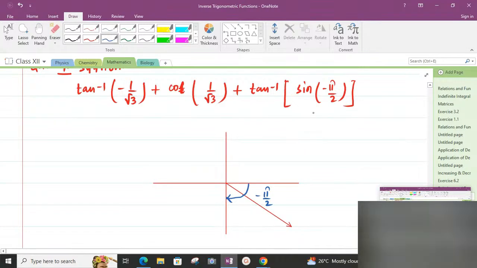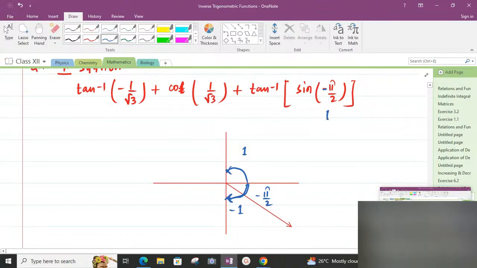So here will be tan inverse 1. And we get P and H here, P will be 1. So sine minus pi by 2 and this is pi by 2. For pi by 2 this one will be 1 and this one will be minus 1.